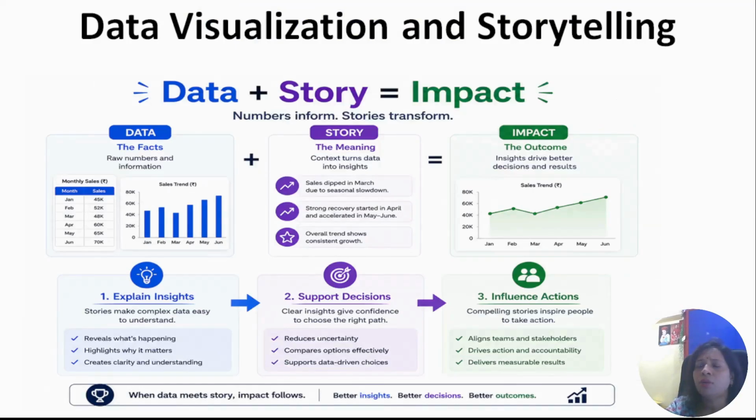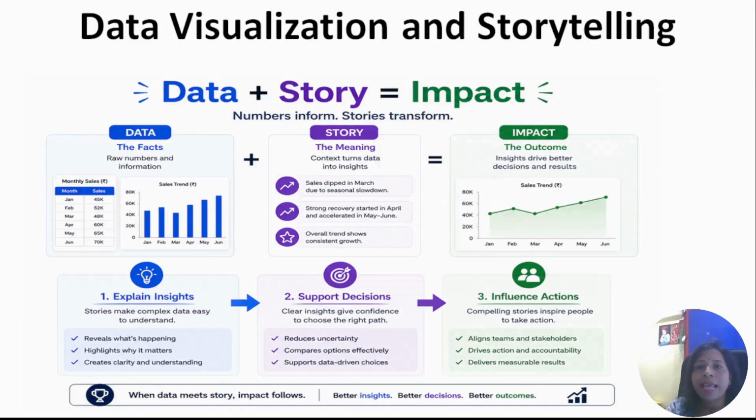Now, one of the most powerful concepts in the course is storytelling with data. So a chart alone may show the information, but a story explains its meaning. So when data and storytelling are combined, it creates an impact.